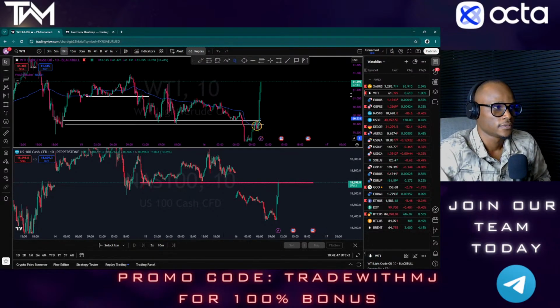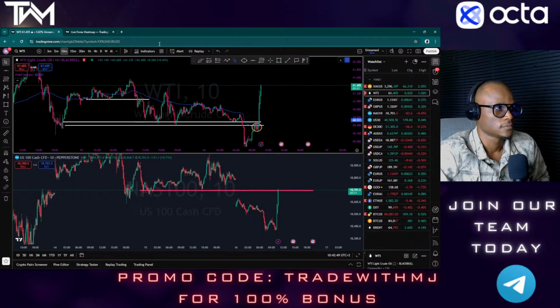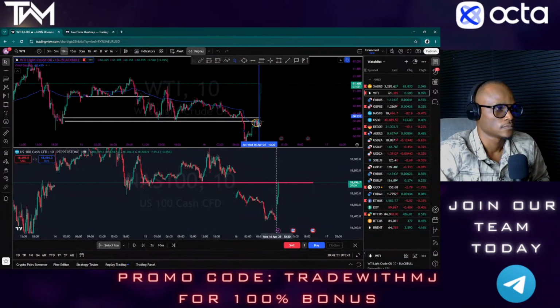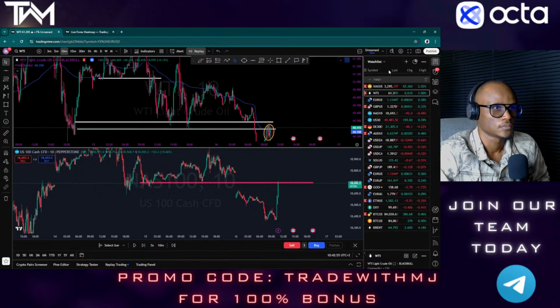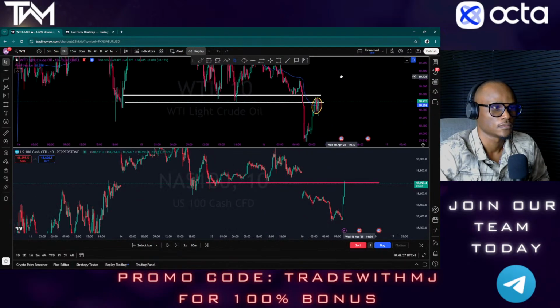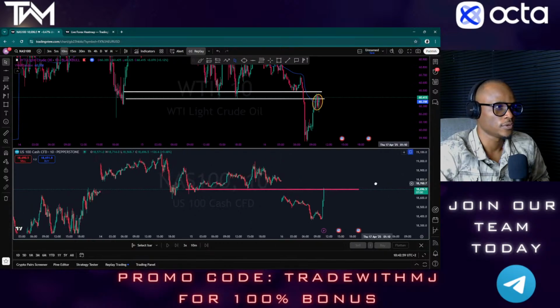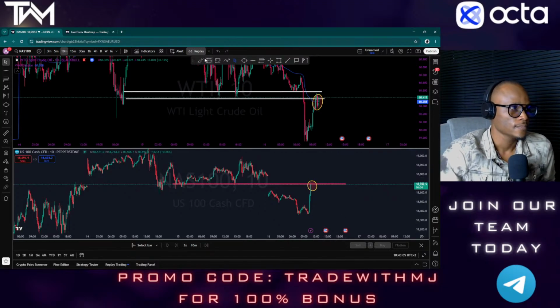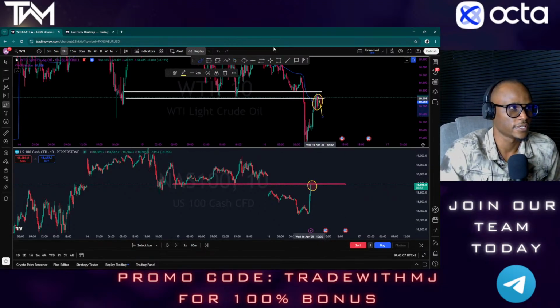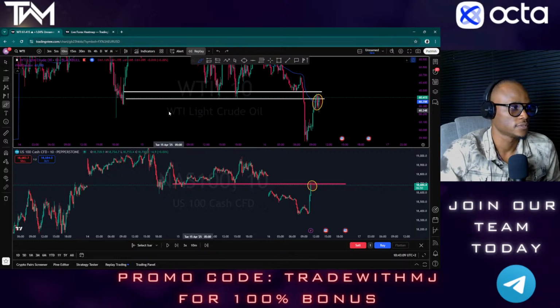More or less the same. This setup is more or less the same. Check it out. When you're thinking it's going to sell, then you get trapped and it goes your direction later.